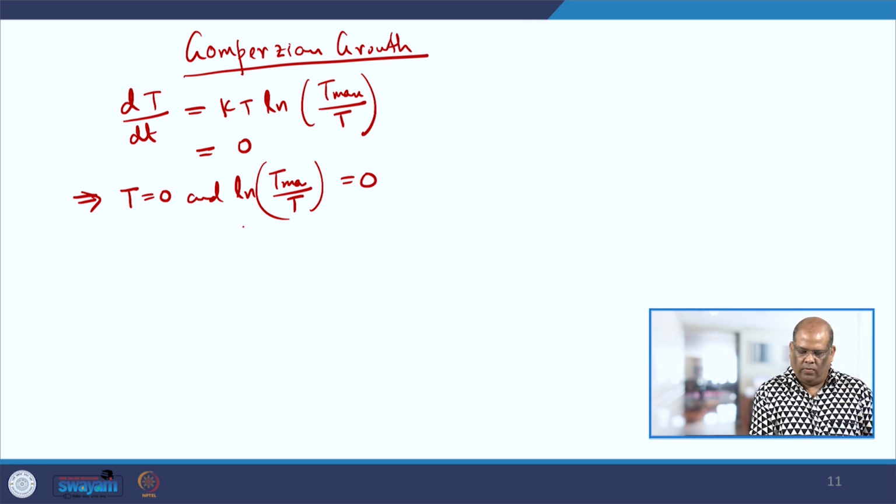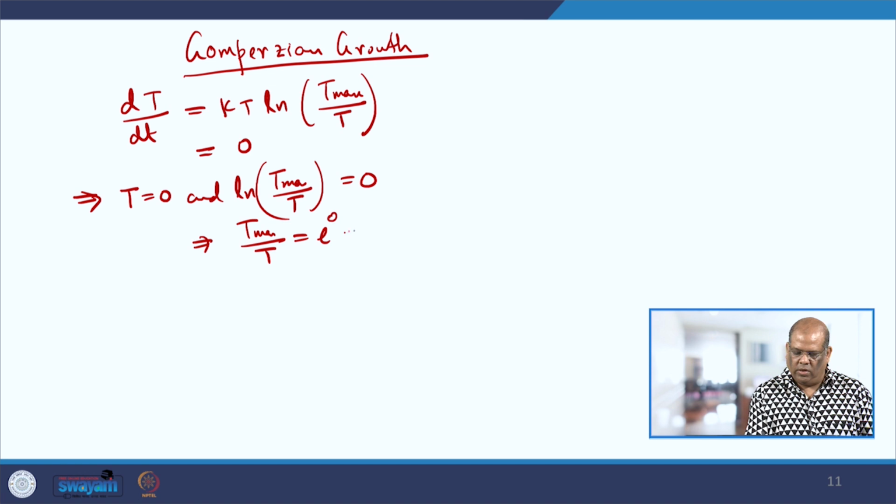And the base of this ln is e, so T max by T is equal to e to the power 0, which is 1, and this gives T equal to T max.